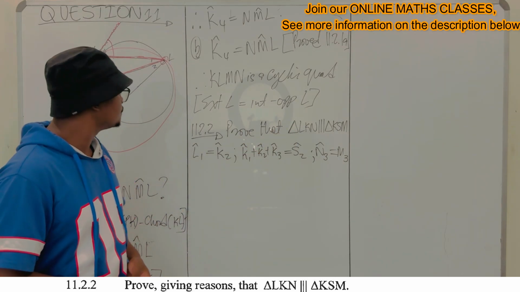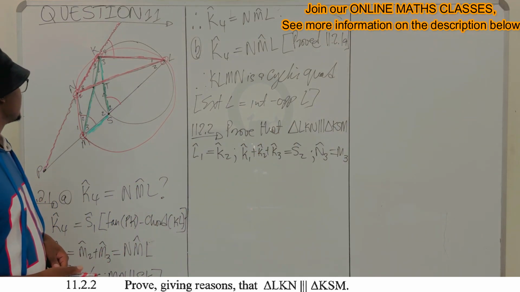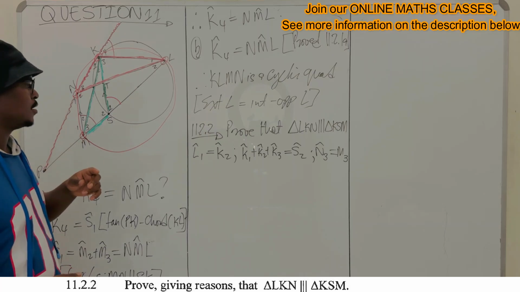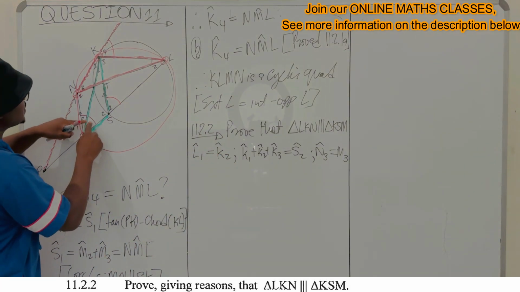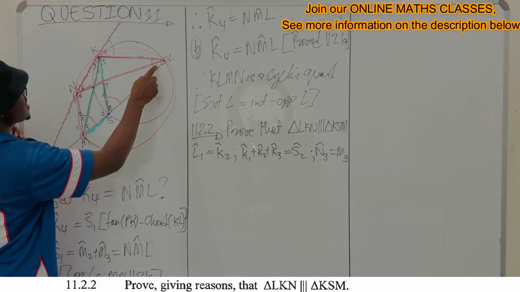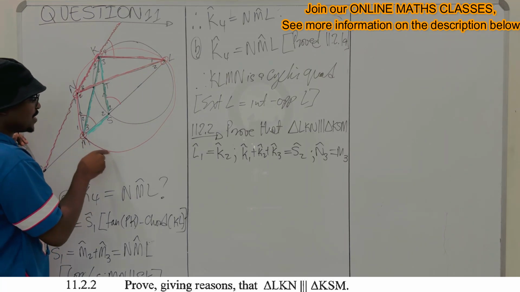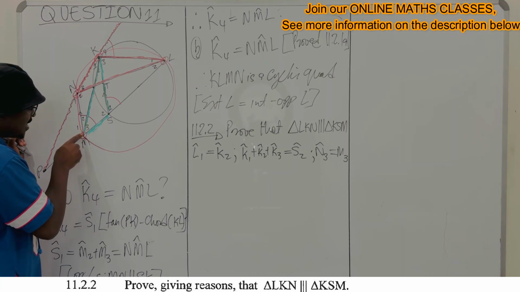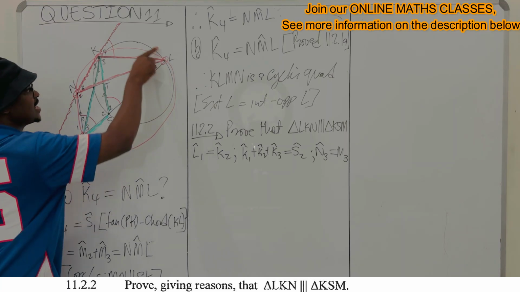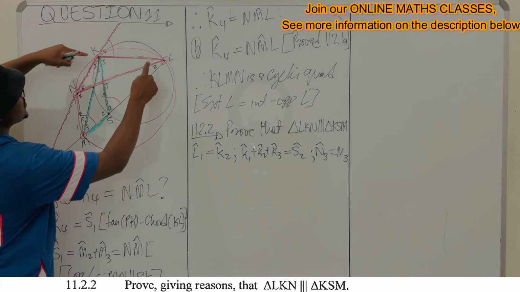So let's try to do that. The easiest ones to me: look at N3 and M3. Here's N3. N3 is subtended by KL. N3 is on the circumference of the red circle. If you look at M3, it is subtended at the circumference of this red circle here, right? It's subtended by KL.